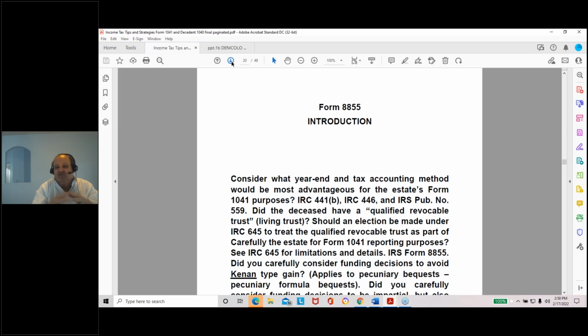And the reason is trusts are forced to have a calendar year, but an estate can have a fiscal year. And if you're not a taxable estate, you don't have to file an estate tax return of Form 706. You could do this for a 2-year time frame. And there are certain advantages and disadvantages of doing this. But this is something you want to look at and just something you want to consider.